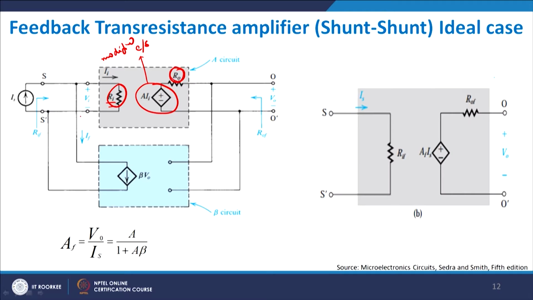They are parallel with respect to each other, because on both sides you have shunt and shunt, right, and therefore I can write AF equals A upon 1 plus A beta, right.